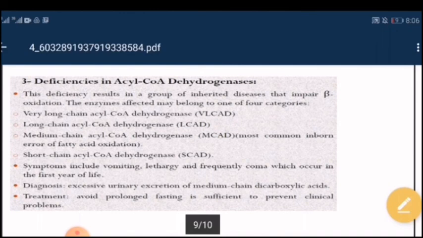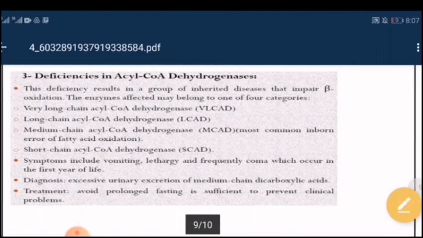Once the glucose or glycogen stores are depleted, we are going to use the fats. Because of the deficiency in acyl-CoA dehydrogenase, we cannot oxidize the fat, and so here is a problem. No energy is generated, and this may lead to coma and death because there is no ATP.